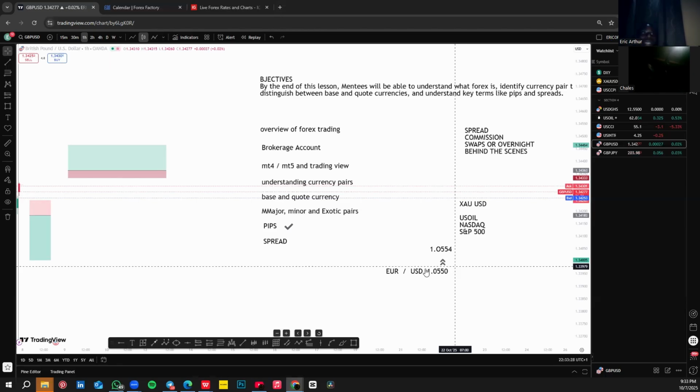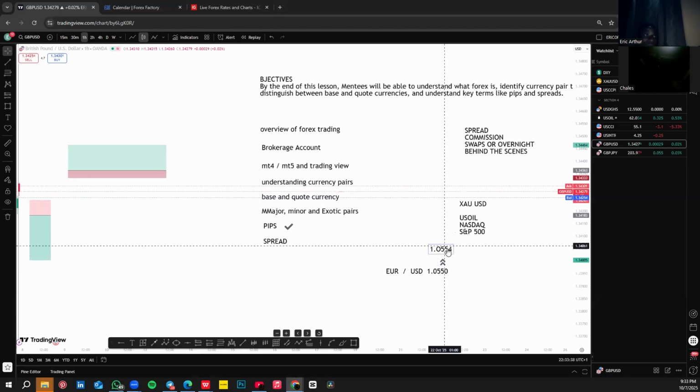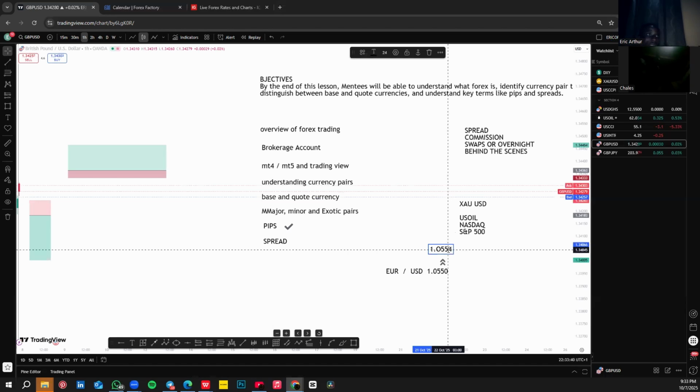So the pip count starts from the last digit. You get it? So let's say the market moves from this to this.